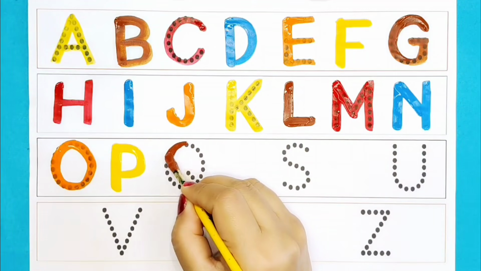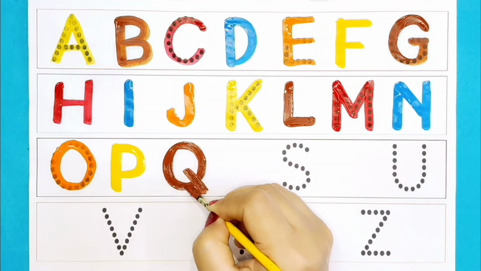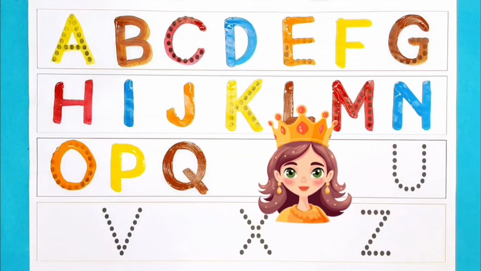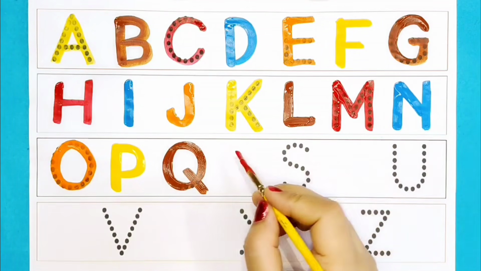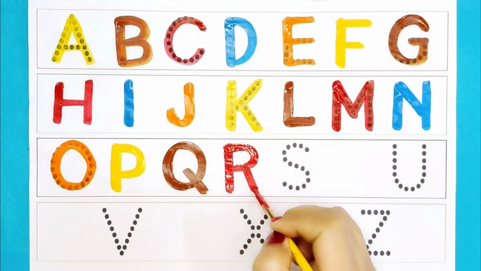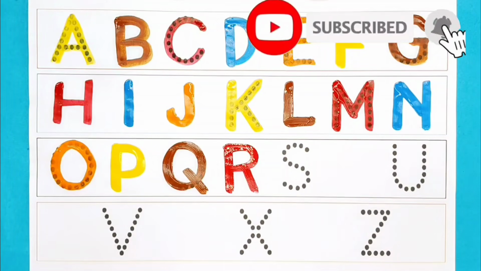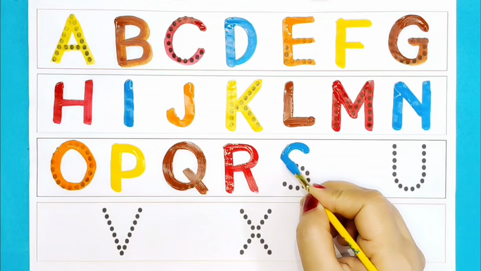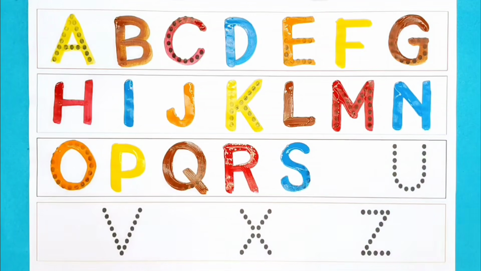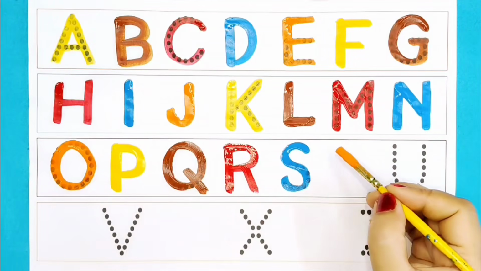Brown color. Q. Q for queen. Red color. R. R for rabbit. Sky blue color. S. S for sunflower. Orange color.